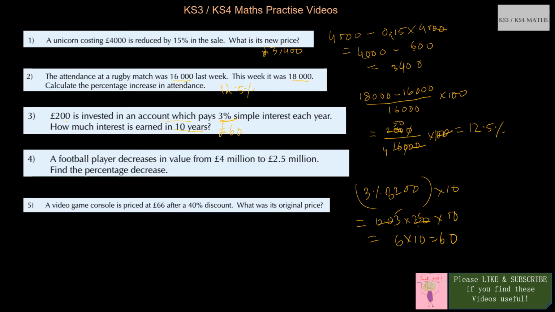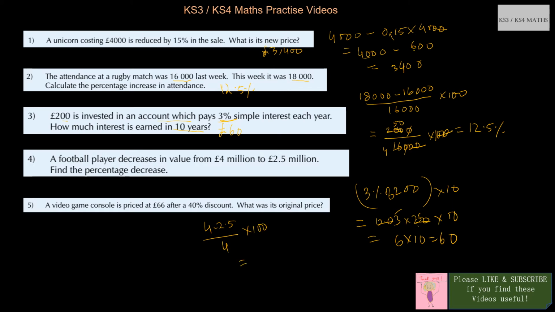The next one: a football player decreases in value from 4 million to 2.5 million. Find the percentage decrease. So this is 4 minus 2.5 divided by 4 times 100.